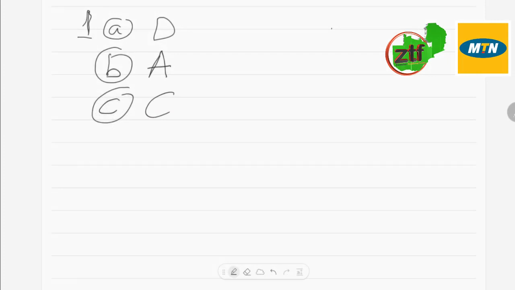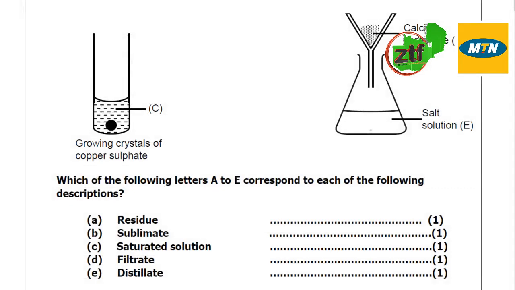Let's move on to the next question, a filtrate. A filtrate, this is a solution that passes through the filter paper during the filtration process.